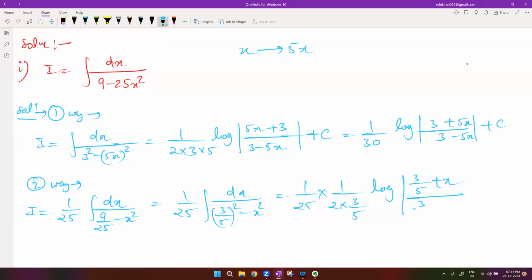So we can solve it. This will also give you the same answer.